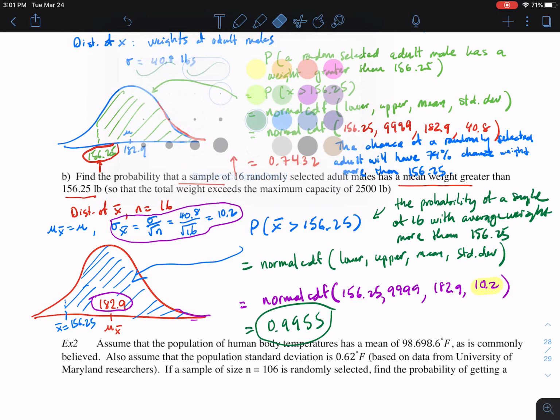This is saying that the chance of one randomly selected adult male having a weight of more than 156.25 pounds is about 74%.